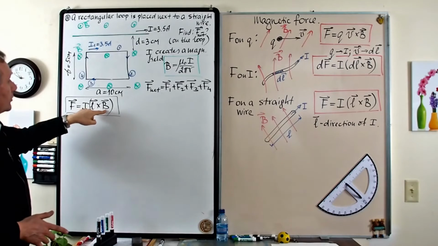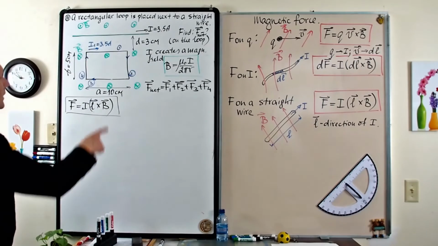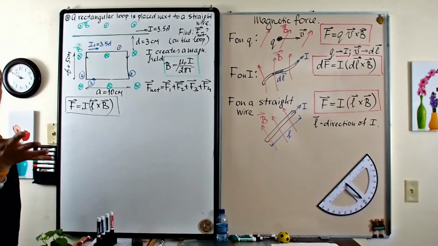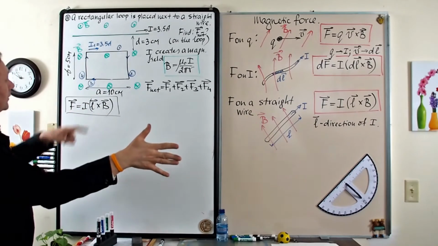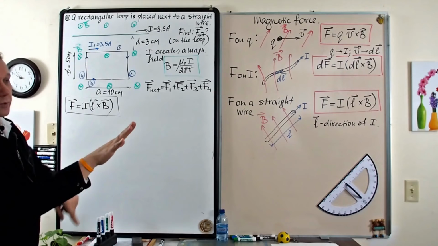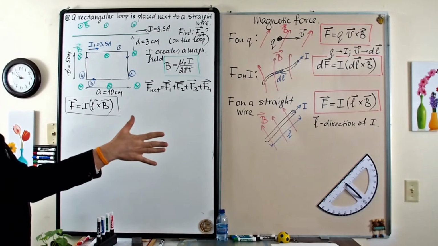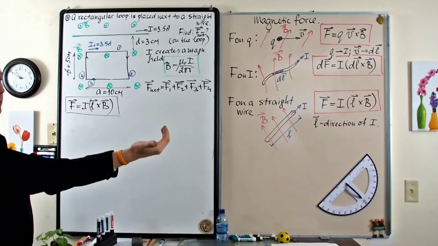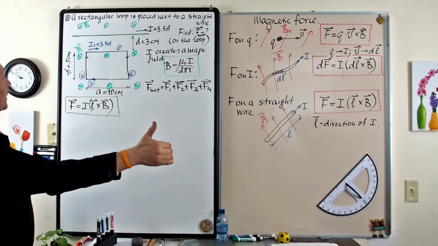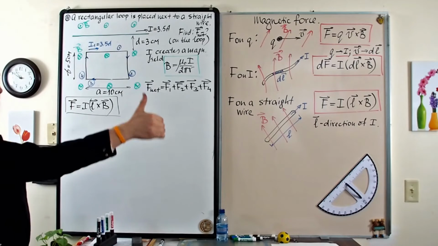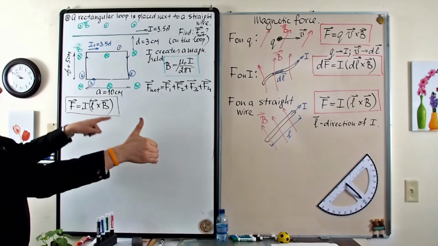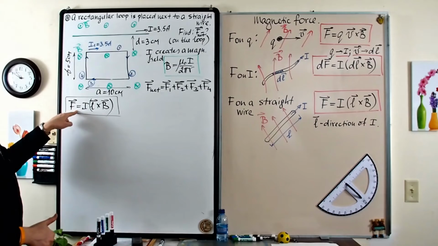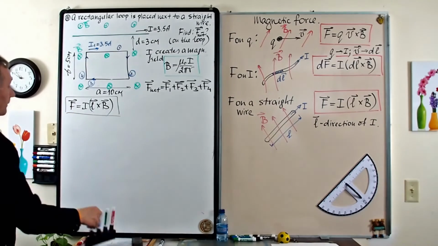So L1 cross B. L that way, B is into the board, so right hand rule: I have to position and orient my hand like this, L cross B. As a result, the direction of the cross product is up, so that will be the direction of the force F1.